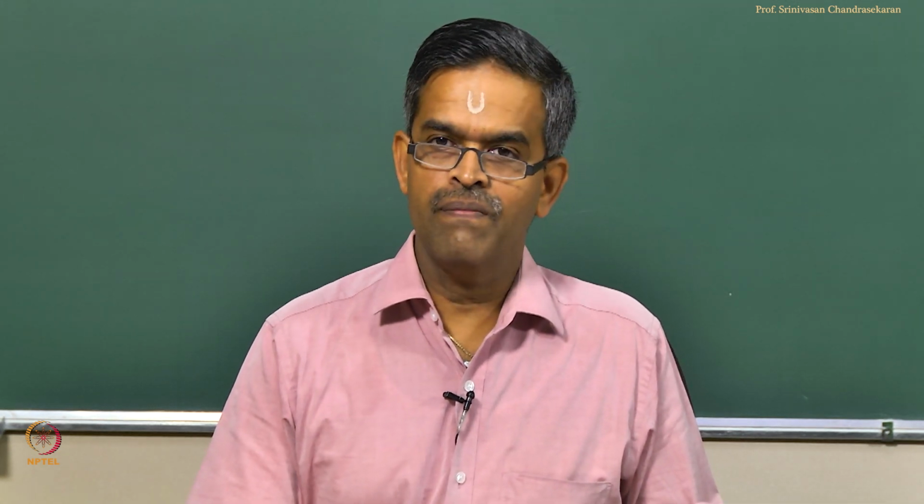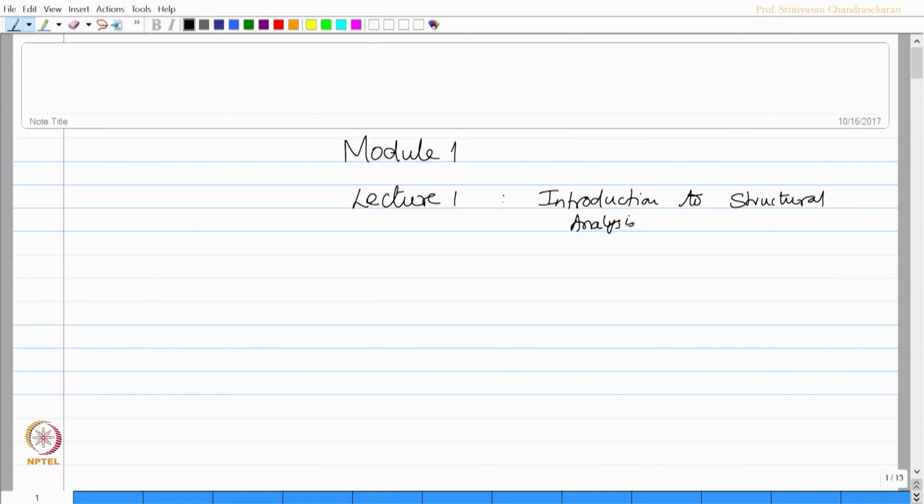The first lecture, we will introduce the classical structural analysis in computer methods purview. In any structural analysis problem, the first step we generally foresee is formulation of the problem. To formulate the problem, we need a mathematical model.